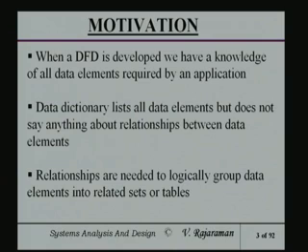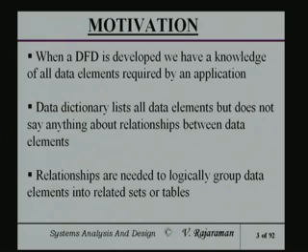So when a DFD is developed, we have knowledge of all data elements required by an application, okay, and the dictionary lists all data elements but does not say anything about relationships between data elements. In other words, at the end of the DFD you come up with a data dictionary.